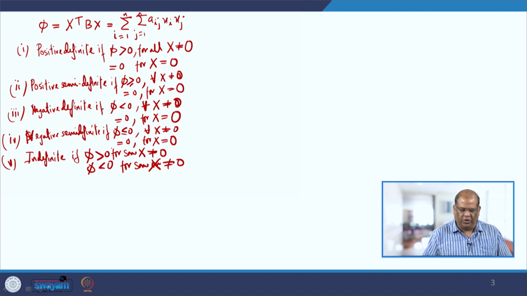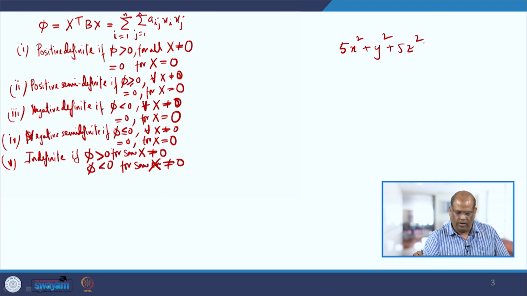So, with this definition, we now move on. If we take an example, say 5x square plus y square plus 5z square plus 4xy minus 8xz minus 4yz, and we have to check under what category it falls.